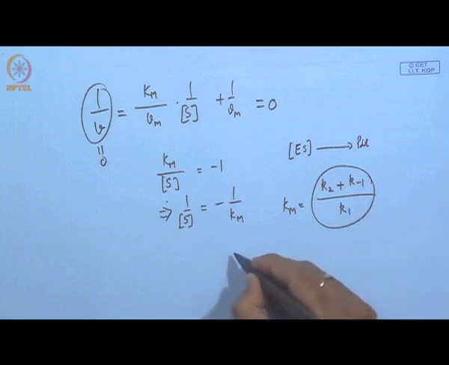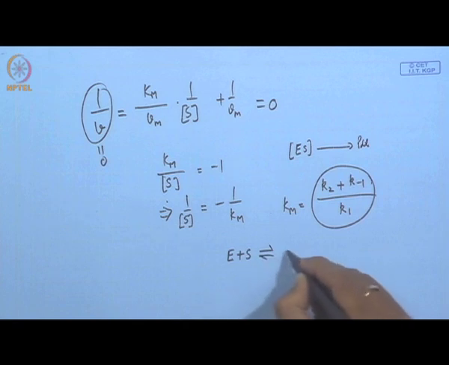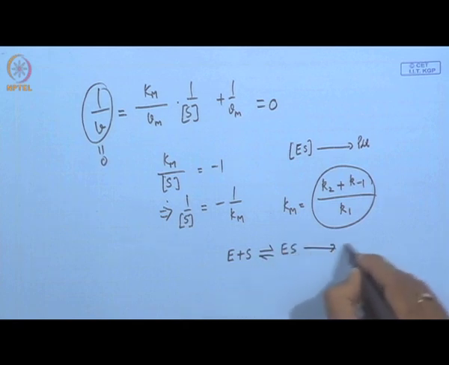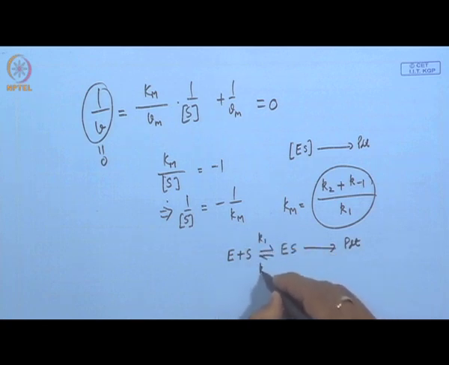So, that means this step, enzyme plus substrate giving rise to enzyme substrate giving rise to product, with K1, K minus 1, K2. Okay. So, small value of Km, what is the meaning?